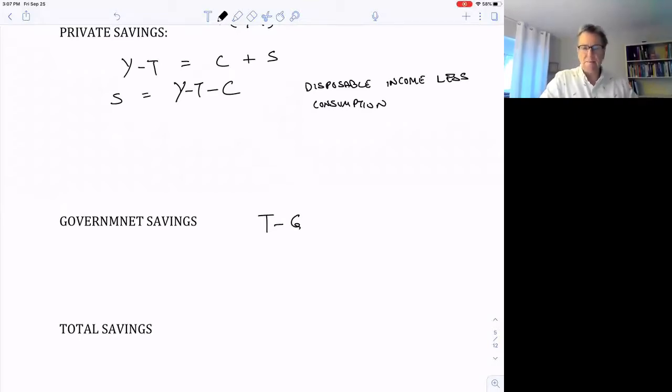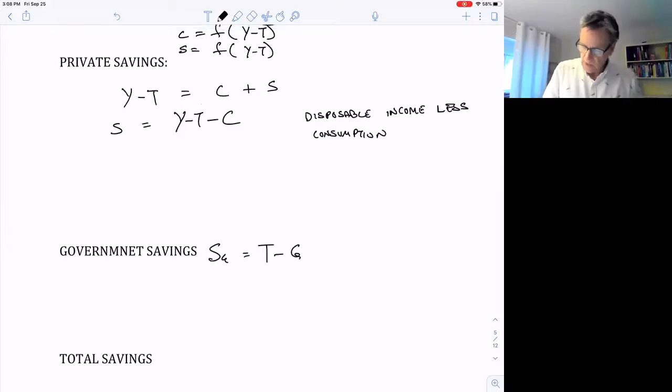And if they're spending more than they're taxing, they're running a deficit, then that would be a negative savings. So we can write this as S sub G for government savings, and we'll write this one up above as S sub P as private savings.